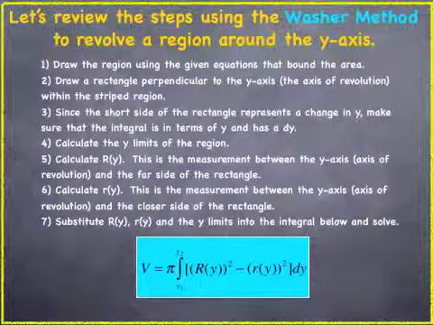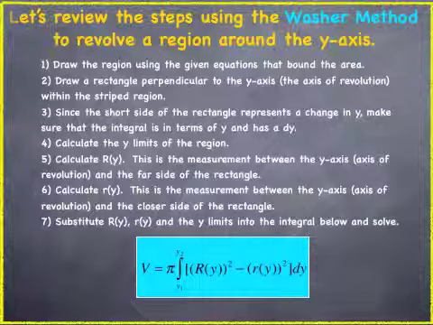So what are the steps for this? In 1, we draw a region, using the given equations that bound the area. In 2, we draw a rectangle perpendicular to the y-axis, our axis of revolution, within the striped region. 3, since the short side of the rectangle represents a change in y, we make sure the integral is in terms of y and has a dy. 4, calculate the y limits. 5, calculate R of y. 6, calculate the other r of y, the inner radius. 7, we substitute everything into our integral below, and we solve.